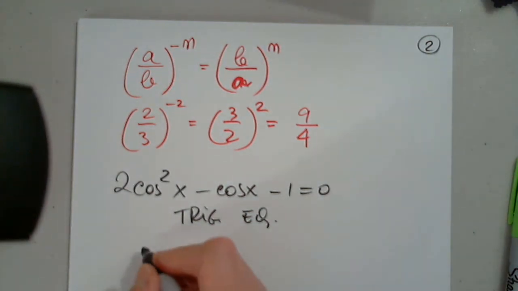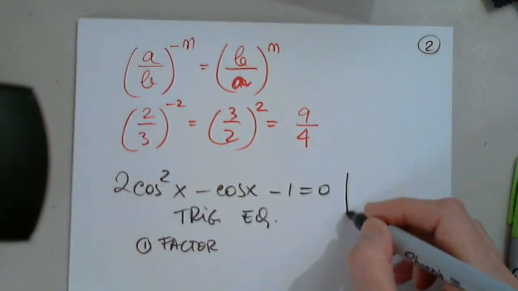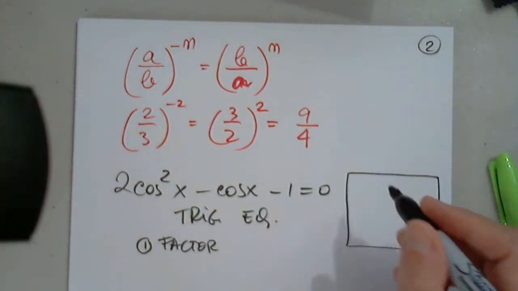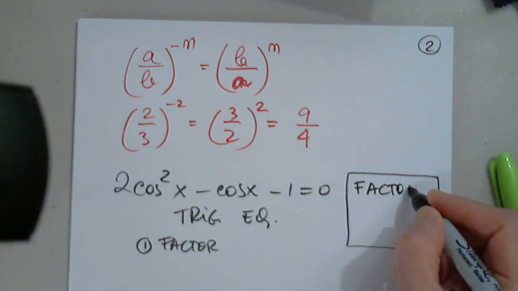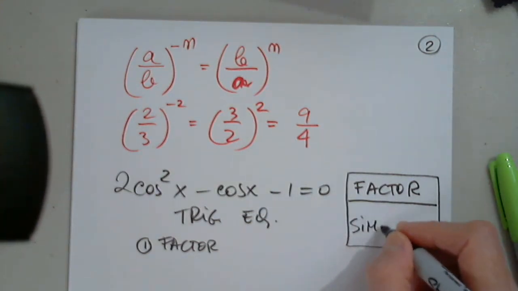And my first step, my first thought is, I hope I can factor it. Two things in math I would like you to remember from today on, in other words, 2 key words. Factor is one key word, and the other one is simplify.